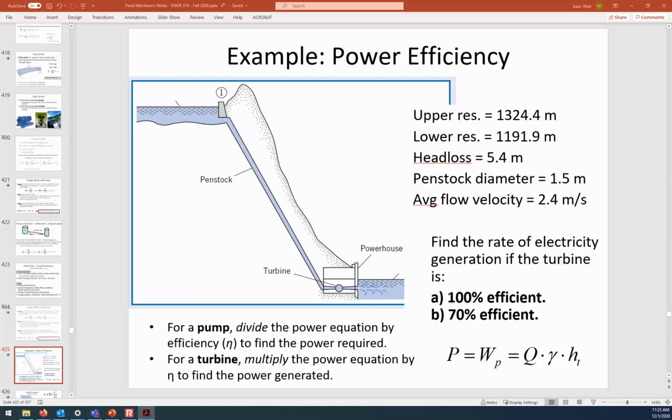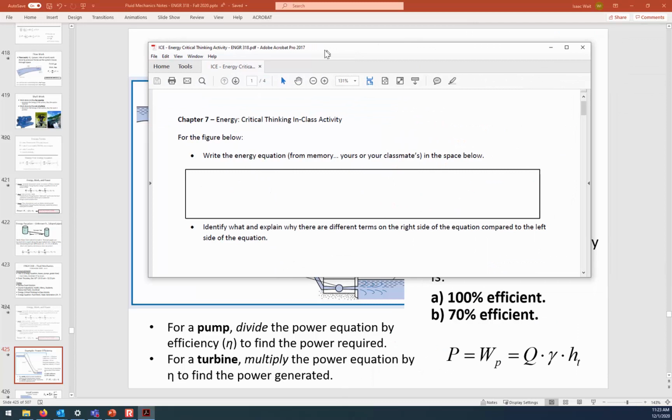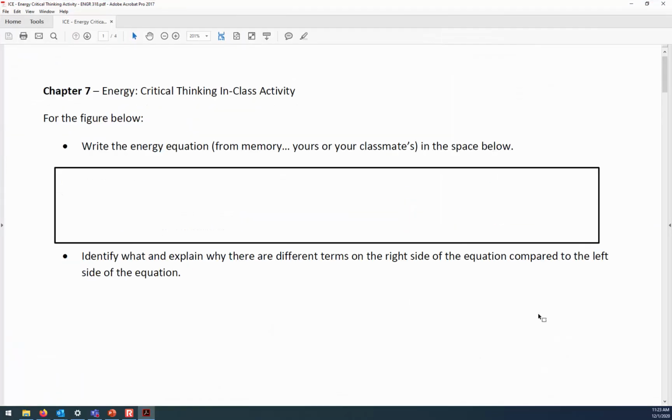All right. So here is what I normally conduct as a critical thinking activity when we meet together in person. It's a little more awkward to do it the way I normally do if we're meeting remotely, but just because it was a long vacation, see if you're able to write the energy equation from memory in that box. And remember, the energy equation is slightly different from the Bernoulli equation.